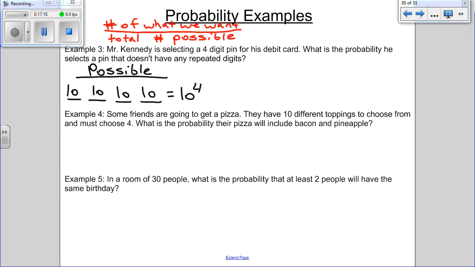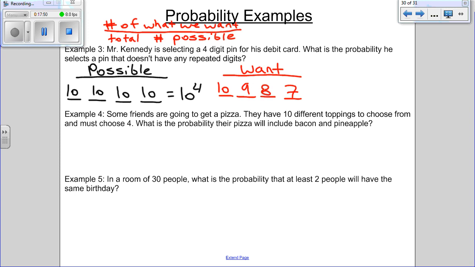Now you need to figure out what we actually want. What we want is no repeated digits. So 10, then 9, then 8, then 7, where the digit changes every time you go down the line. 10 times 9 times 8 times 7 cannot be done in my head. That's 5,040 ways.